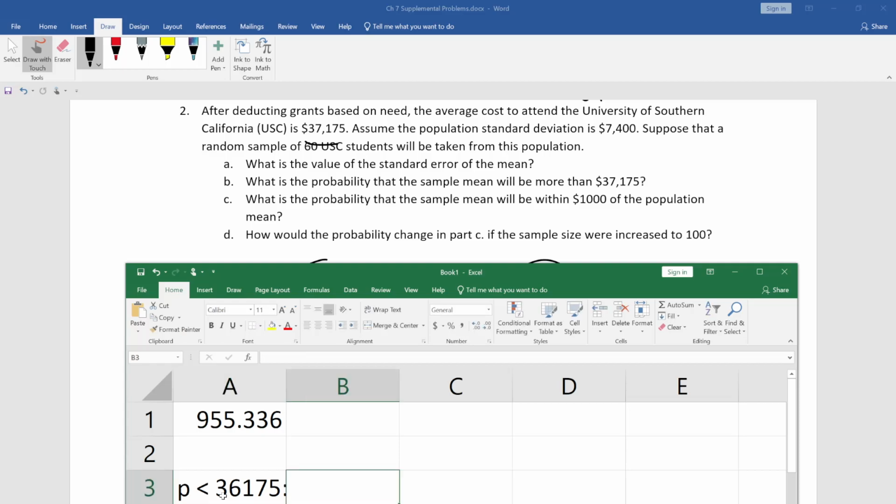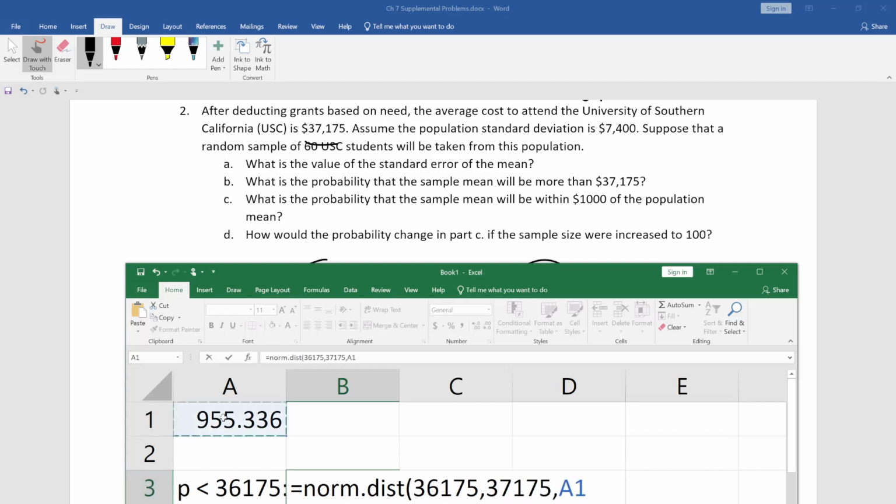We already have our standard error, so we're going to do norm.dist twice. X would be 36,175, comma, the population mean was 37,175, comma, the standard error, comma, true. And then I'm going to do the same thing again, but with 38,175, standard error, comma, true.